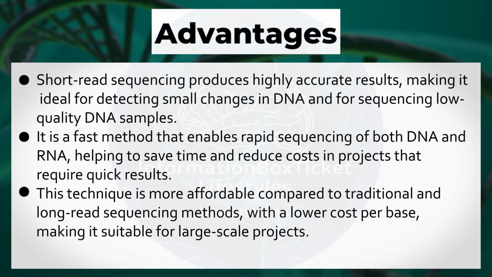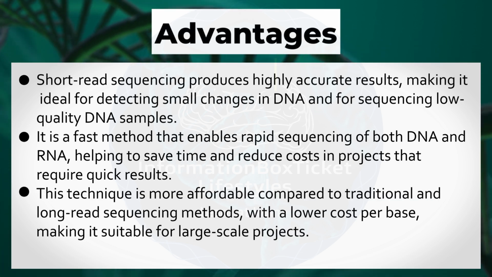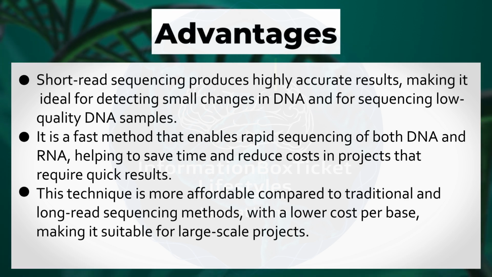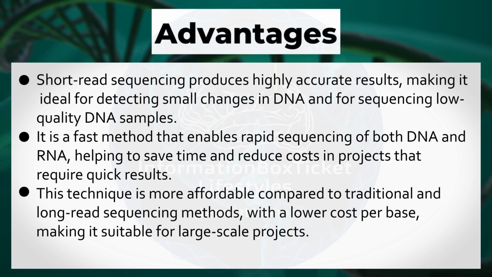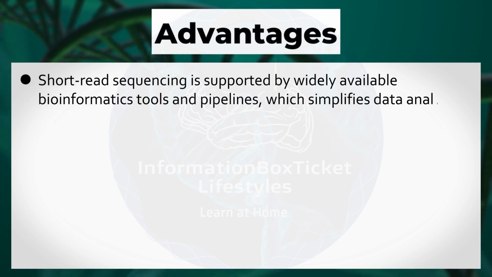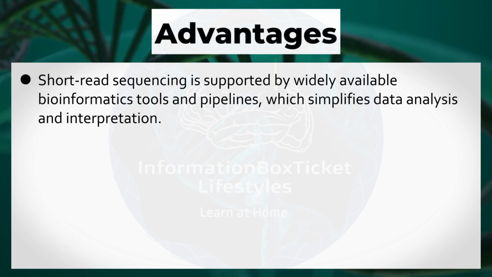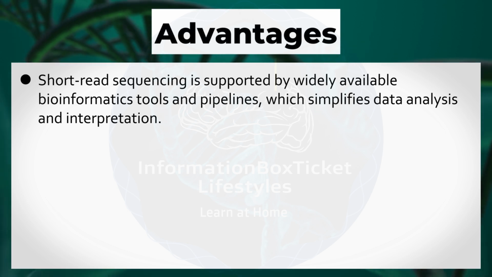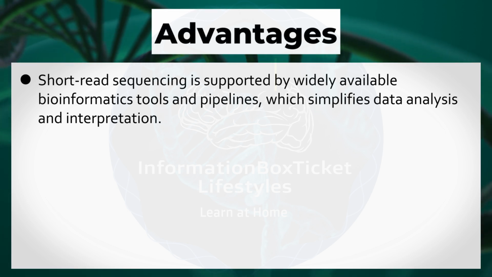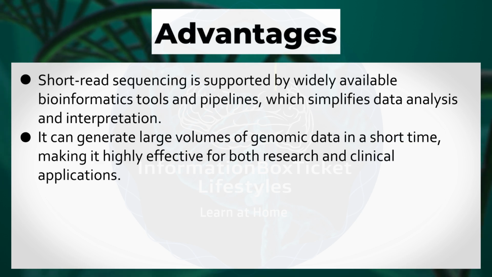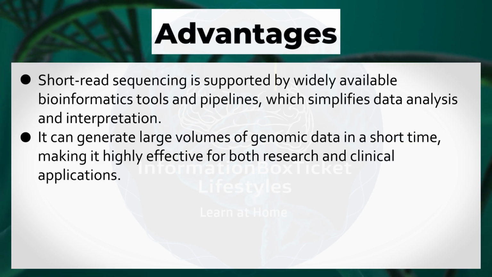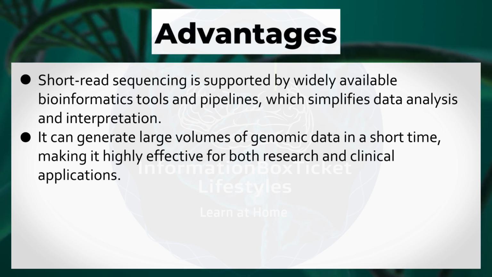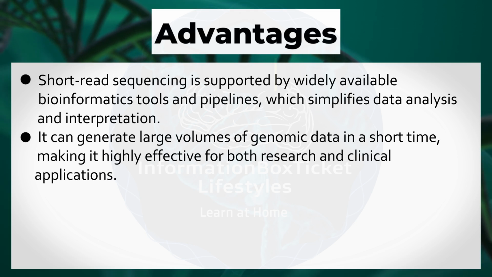This technique is more affordable compared to traditional and long-read sequencing methods, with a lower cost per base, making it suitable for large-scale projects. Short-read sequencing is supported by widely available bioinformatics tools and pipelines, which simplifies data analysis and interpretation. It can generate large volumes of genomic data in a short time, making it highly effective for both research and clinical applications.